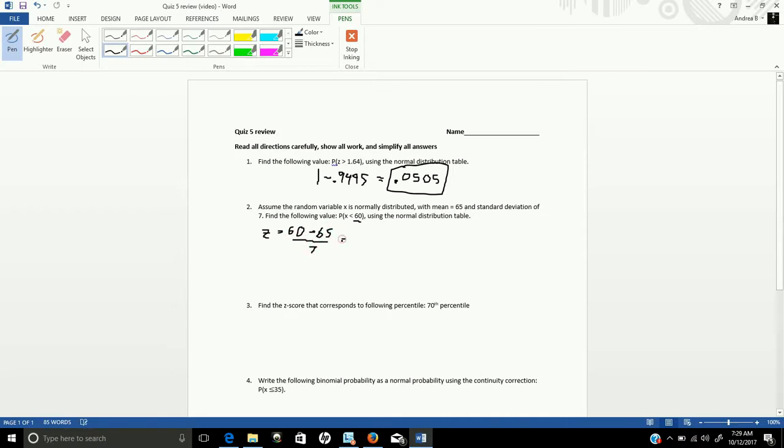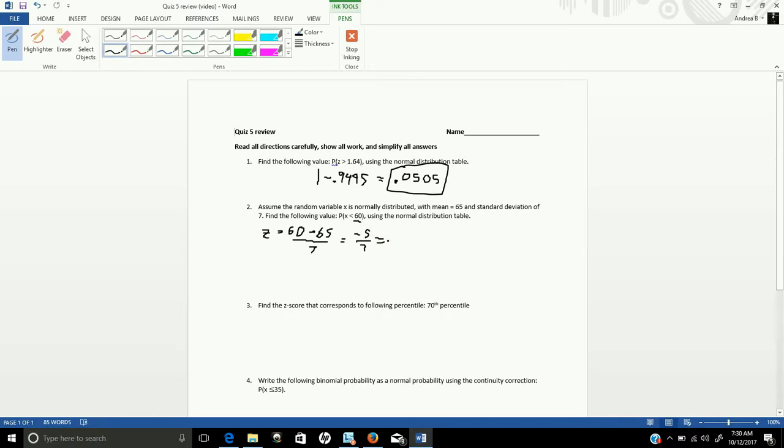So here then we get -5 divided by 7. Make sure you do that subtraction part first and then divide. Otherwise, you're going to have to put parentheses around the numerator, around that top number, in order for it to calculate correctly. Otherwise, it's going to automatically do the division before the subtraction in your calculator.